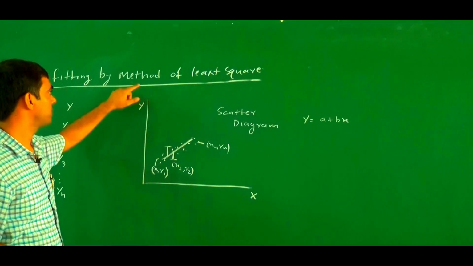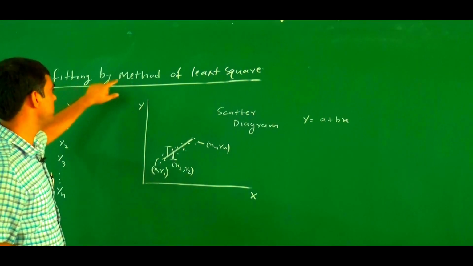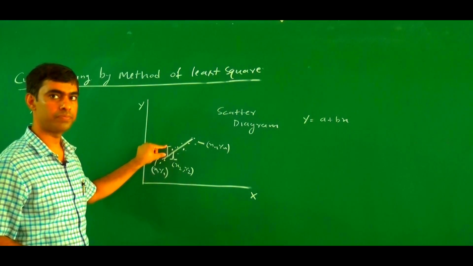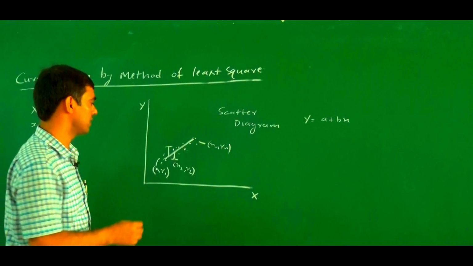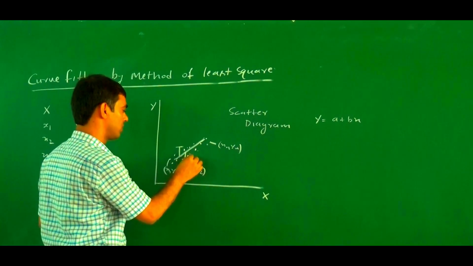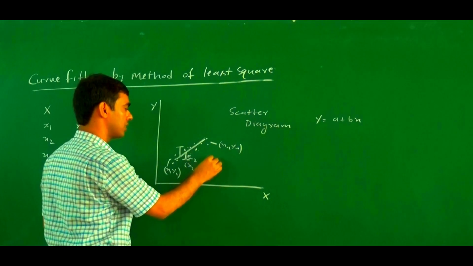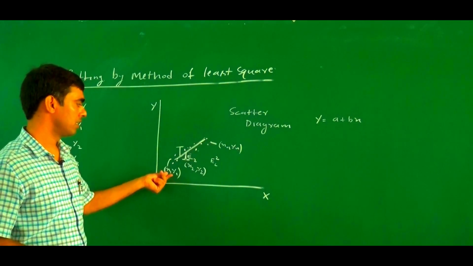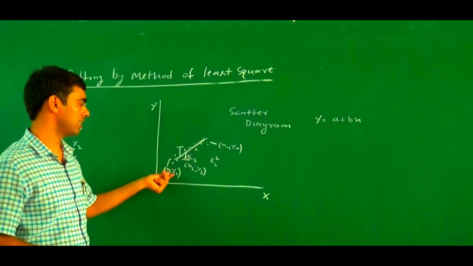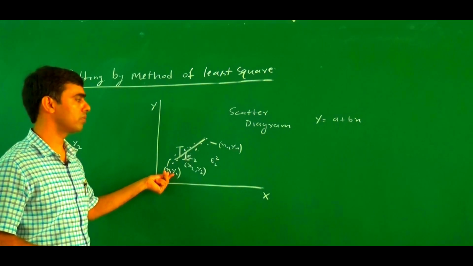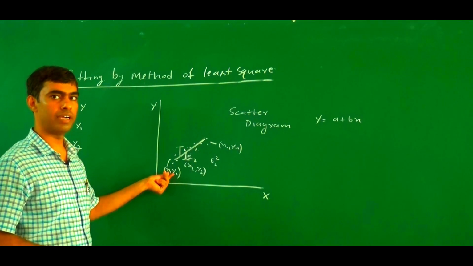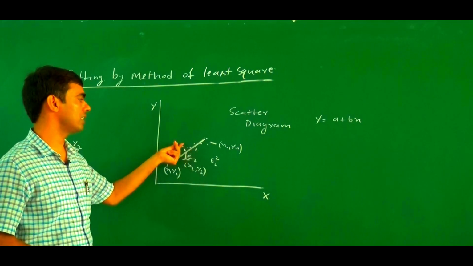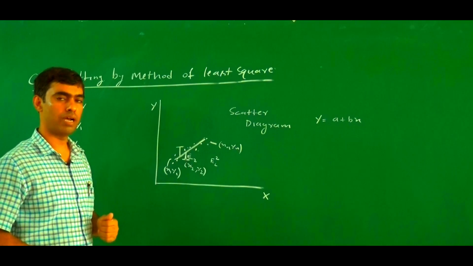So in curve fitting by the method of least squares, we find the square of the error. Suppose this one is E2, then we find E2 squared. Similarly, the difference of the straight line at point x1, y1 is E1, and the square of the error becomes E1 squared. E1 squared, E2 squared, E3 squared, E4 squared, and so on.